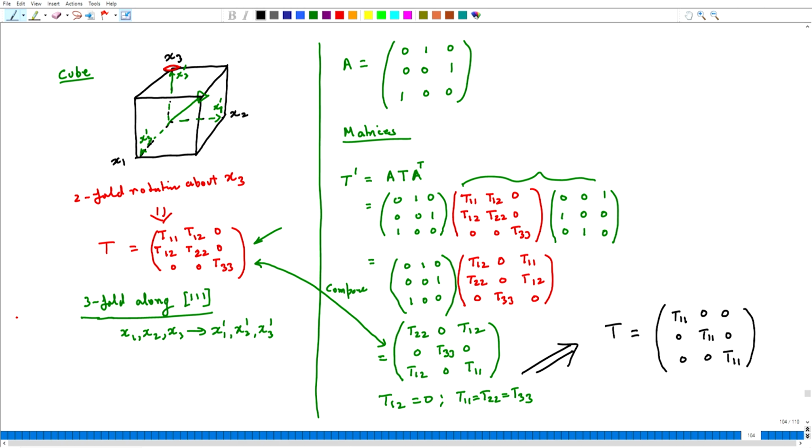So, there is only one independent component, which actually means that this is a tensor which represents an isotropic material.